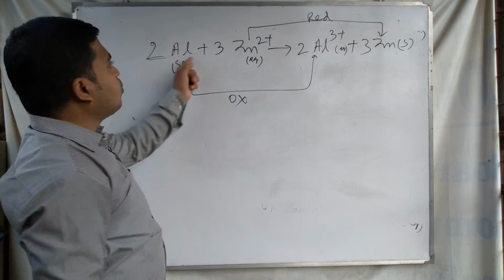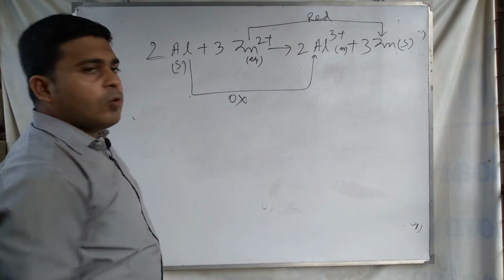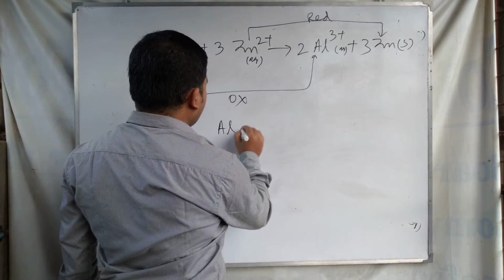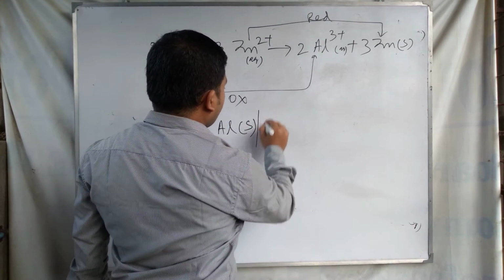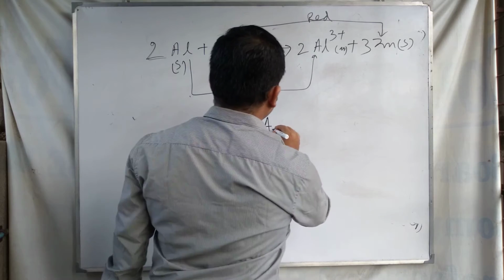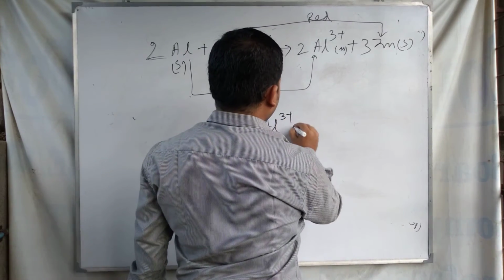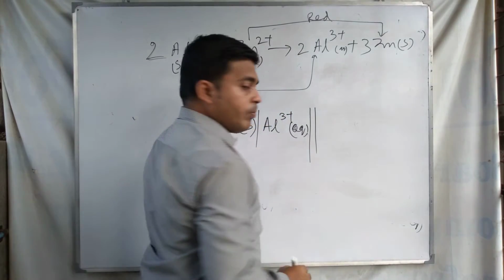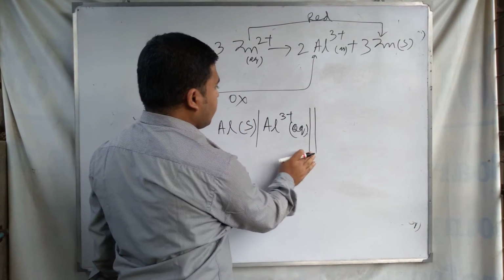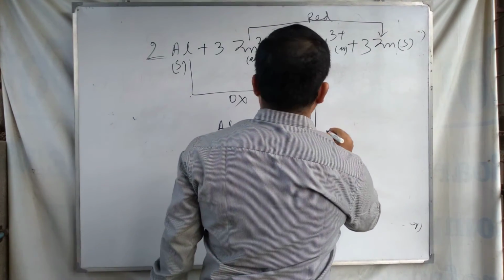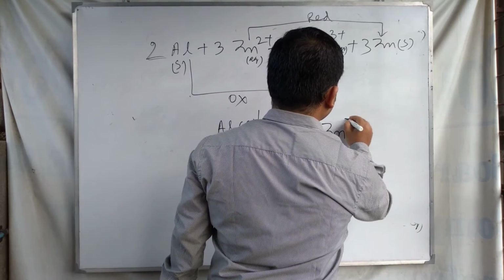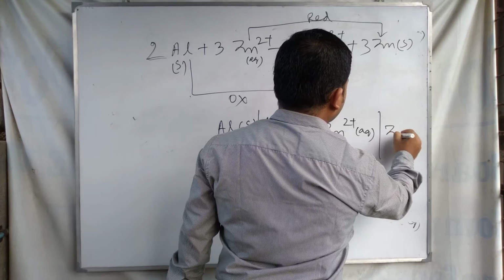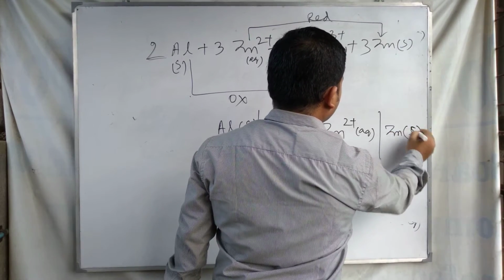So the oxidation half is represented first: aluminium solid to aluminium 3 plus aqueous, then a double line, use vertical 2 lines, then use zinc 2 plus to zinc solid.